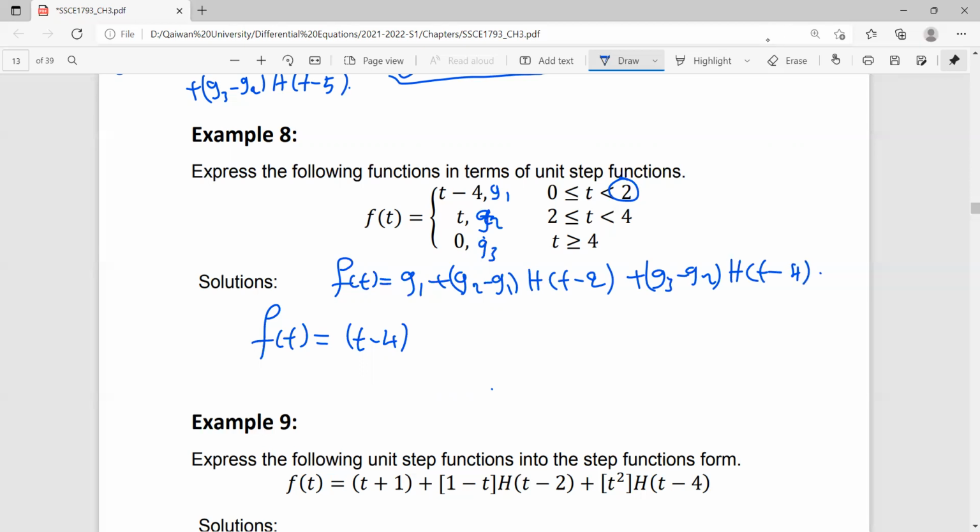Okay? So the value is 6 minus 2, h of t minus 2. Look, what's common between g1 and g2? 2. That's how you say it. And what's common between these two? 4. That's how you say that. Okay?